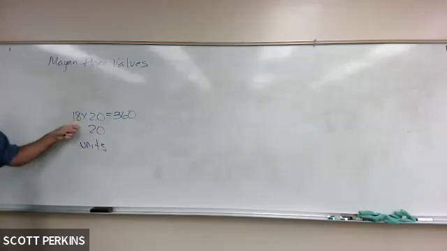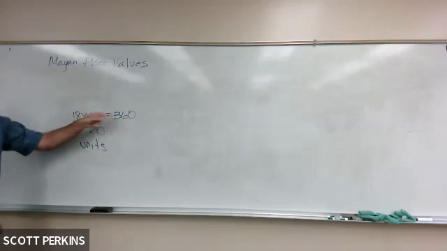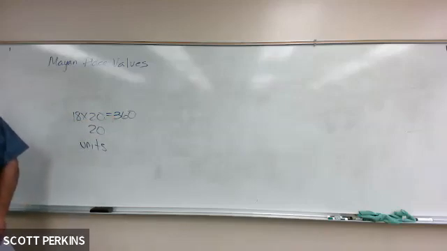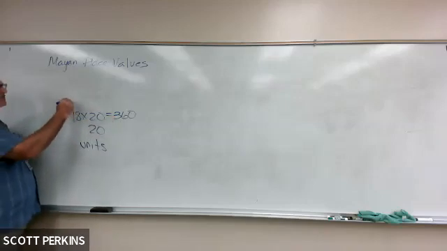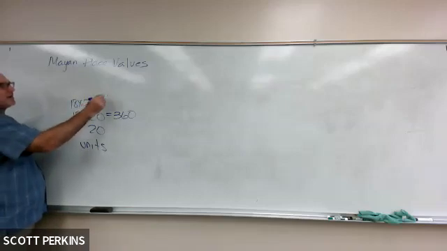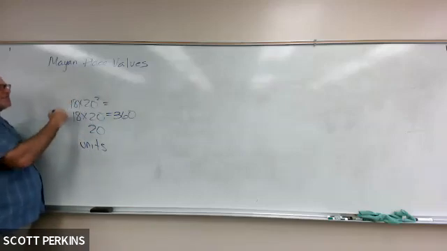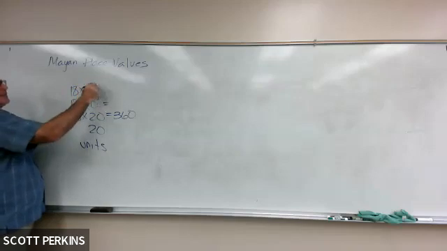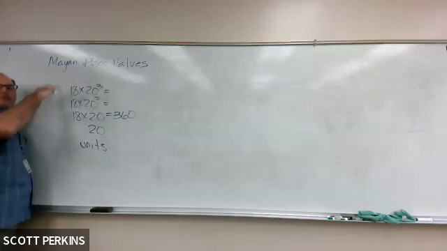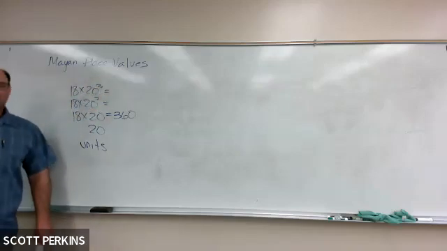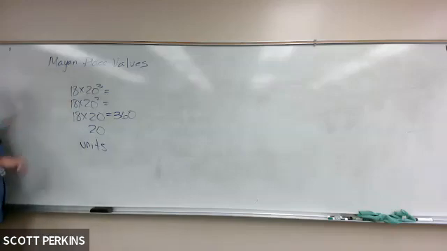So instead of multiplying here by 20 like a straight base 20 system, they multiply by 18 to get this one. From there on, though, they just keep multiplying by 20. So the next one's going to be 18 times 20 squared. We'll calculate that in a minute. The next one's going to be 18 times 20 to the third. From then on out, they keep multiplying by 20. It's just that one place that makes all the difference.